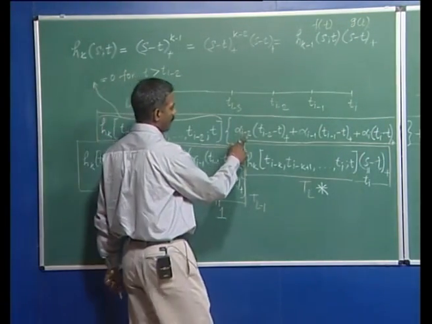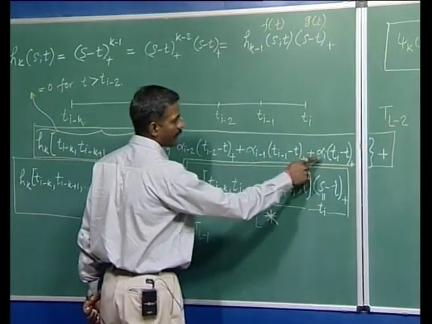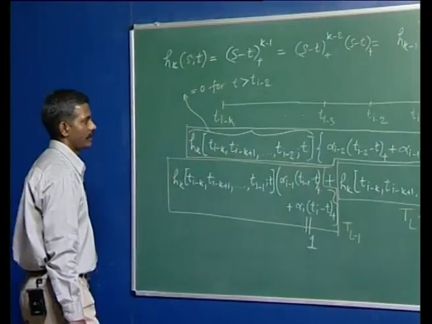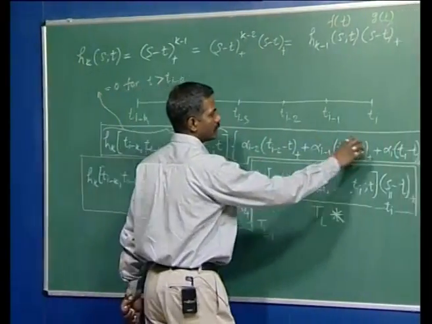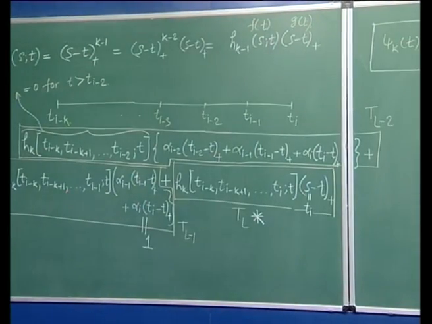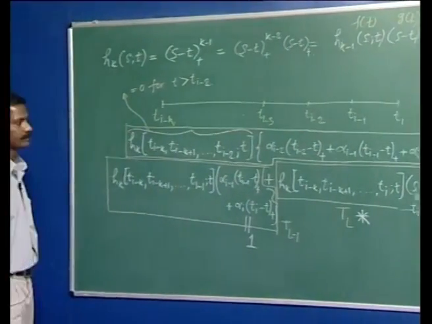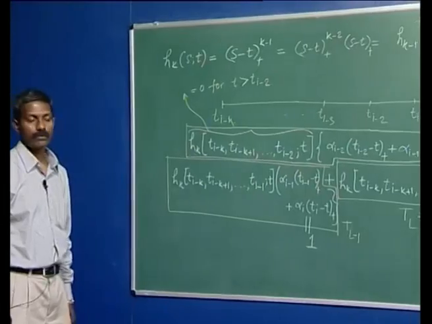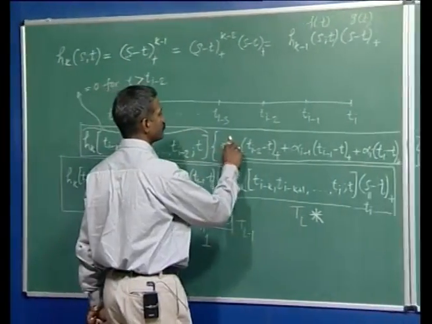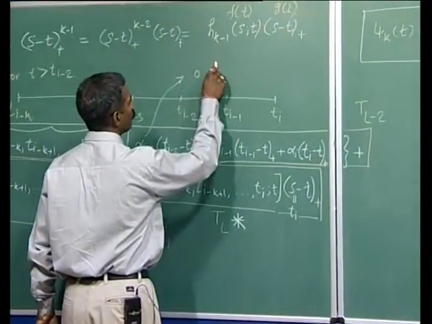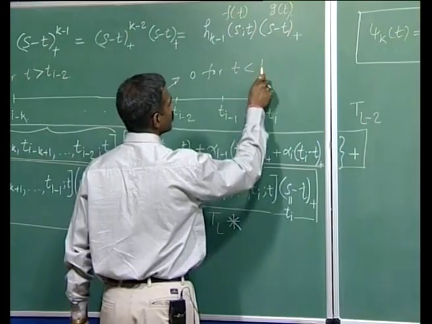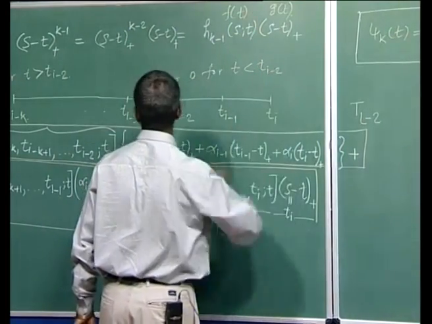Your alpha_{i-2}, alpha_{i-1}, and alpha_i are set in such a fashion that this expression represents the second divided difference of a degree 1 pure polynomial. And you know what that is. This is equal to 0 for t smaller than t_{i-2}.